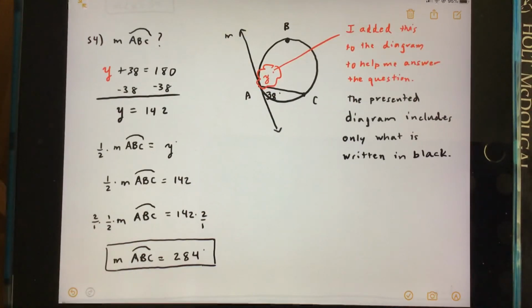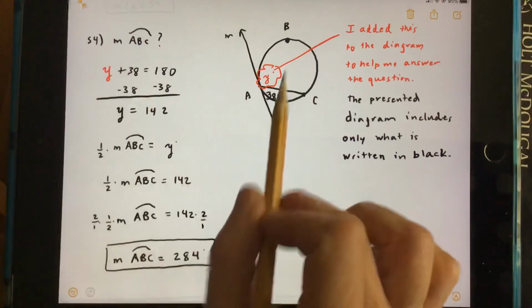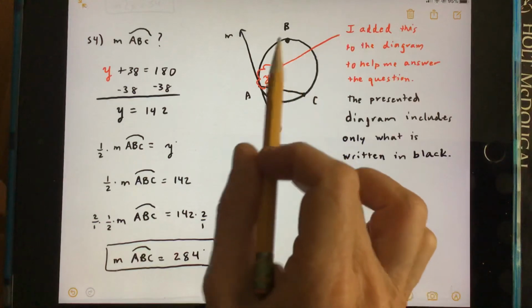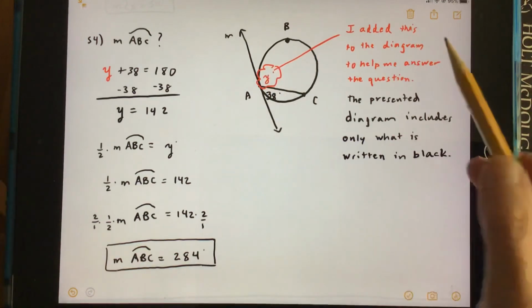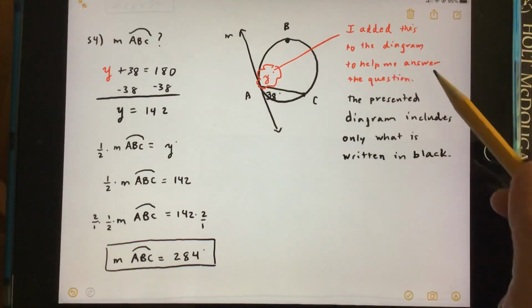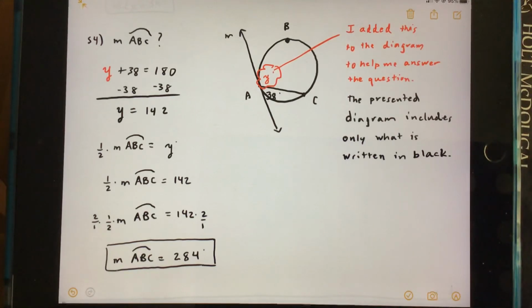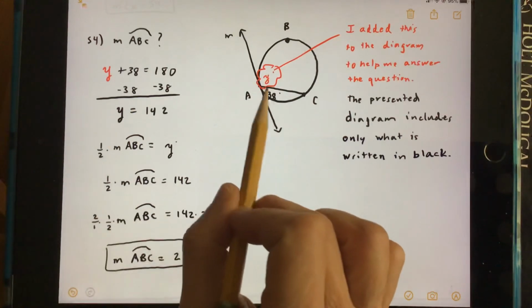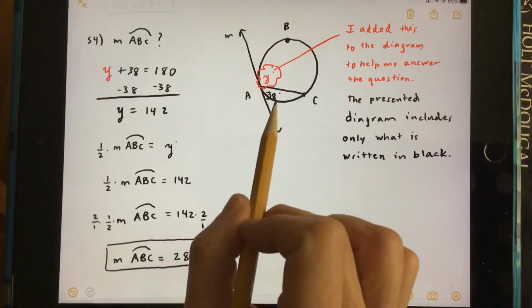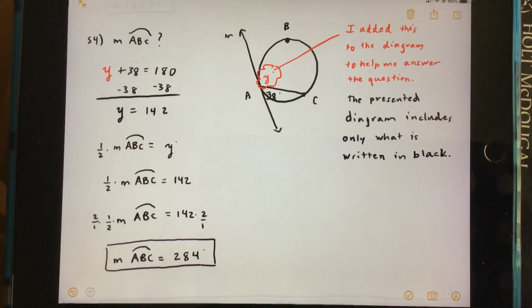Here comes our last sample for lesson 10.5B samples. On sample 4, we're finding the measurement of arc ABC, this big arc here. And once again, I have added this y degrees to the diagram to help me answer the question. The presented diagram includes only what is written in black. So my first job is to say, since y degrees and 38 degrees form a linear pair, those two angles are supplementary and add to 180 degrees.